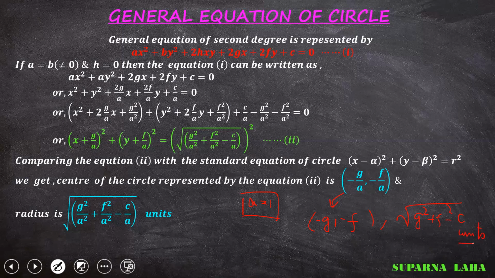Okay, so if a is equal to 1, all these forms transform into this: (−g, −f) is the center and the radius is √(g² + f² − c), and this equation will be x² + y² + 2gx + 2fy + c = 0. Okay, so that is the general equation of the circle, and previously we found the standard form of the circle.